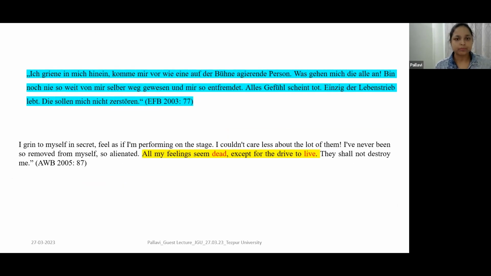Further, she is talking about a feeling of not feeling at all. She writes, all my feelings seem dead except for the drive to live. So in one sentence, you can see dead and live, these two opposite words.